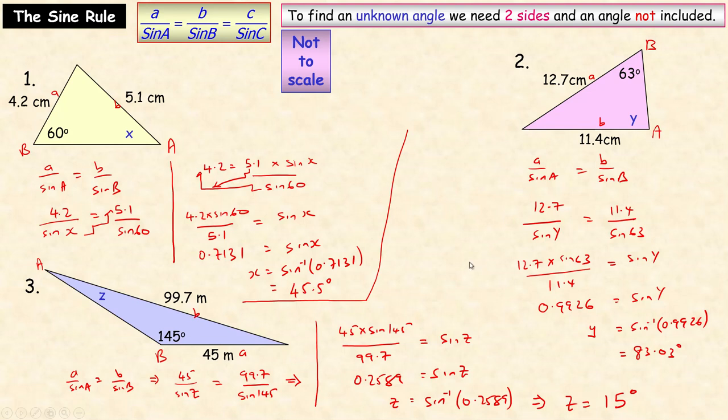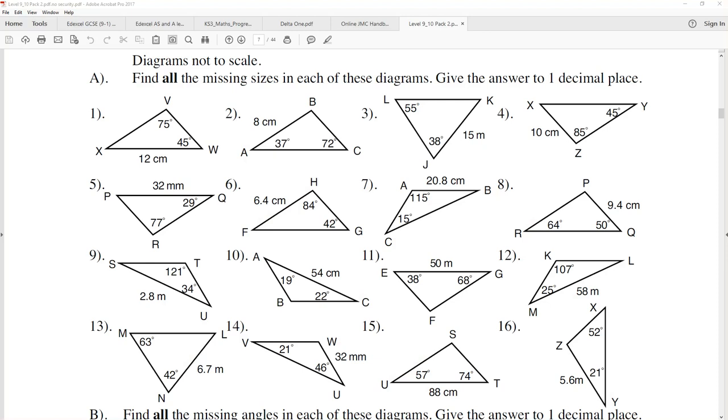Hit pause, make some notes, and then you can attempt the questions that are coming up. So we've got 2 sections to complete. Section A, we've got 16 questions here. Find all the missing sides in these diagrams, answer to 1 decimal place.